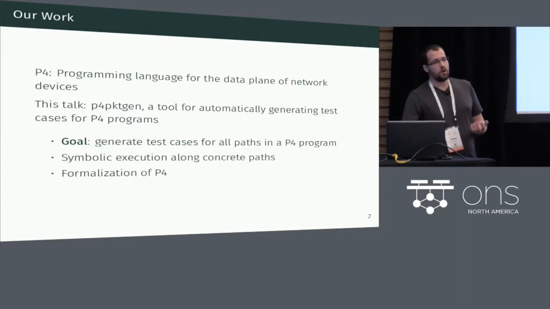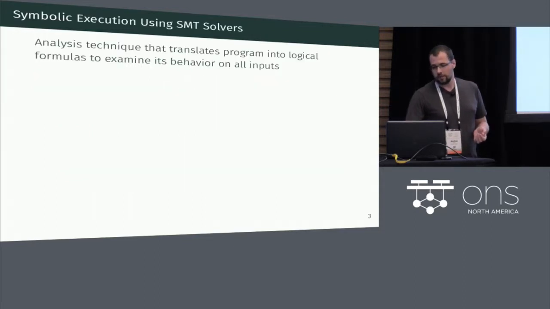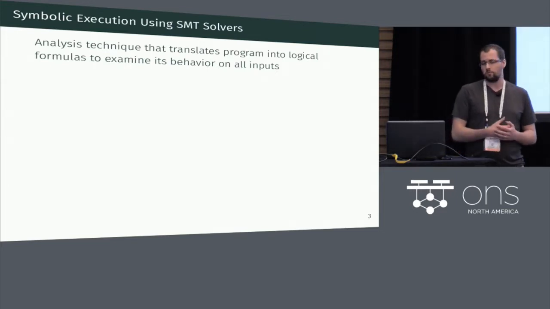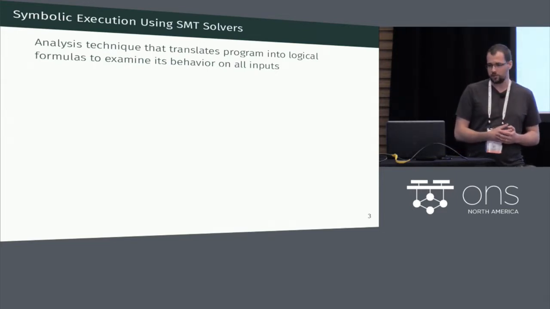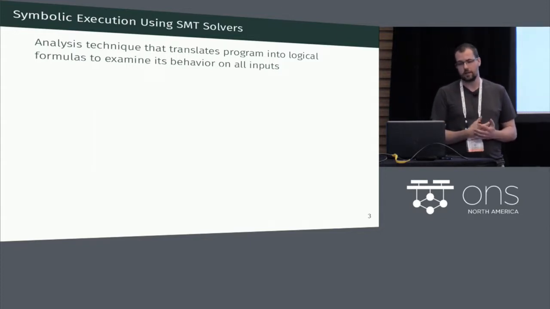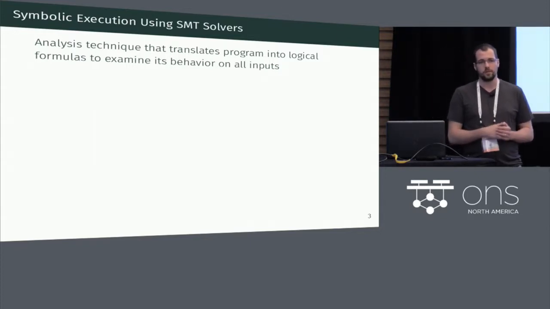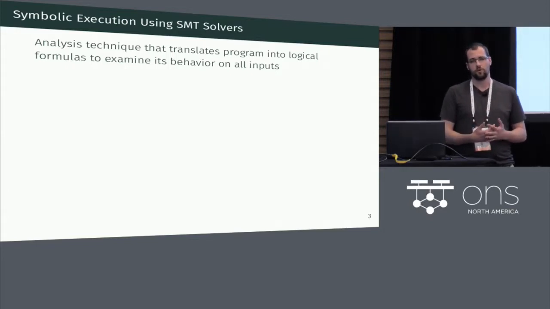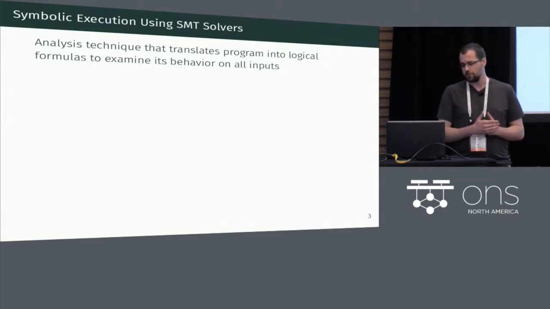Before I talk more about p4pktgen itself, let me give you a brief refresher of what symbolic execution is. Symbolic execution is an analysis technique that translates a program into a set of logical formulas to examine the behavior of the program on all possible inputs. This allows you to reason about the program at bit-level precision.